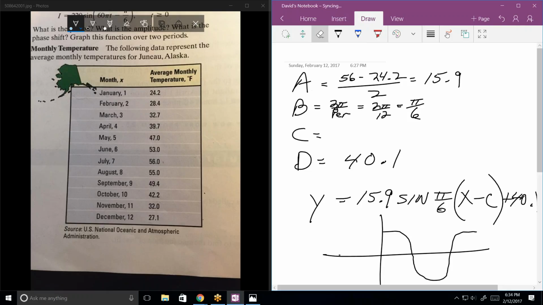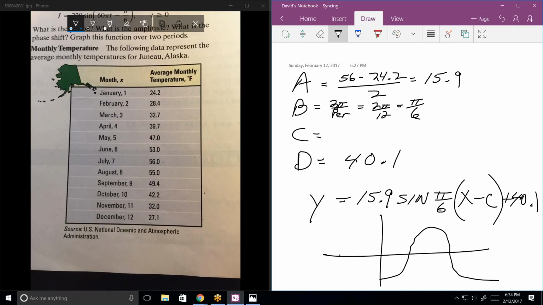If I use negative cosine, which is a reflection of the cosine curve, perfect. It starts at its low, goes up halfway through its period to the high, turns around and comes back down towards the low, which is exactly what this is doing. And there would be no phase shift, but only if I use the negative cosine curve.